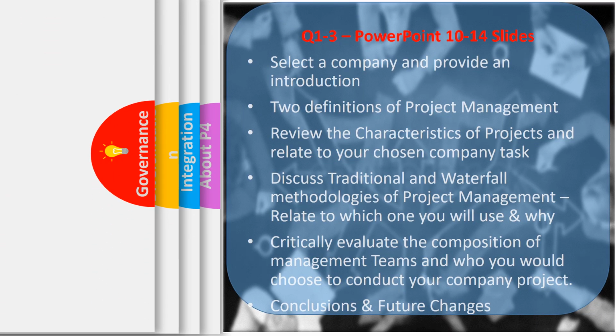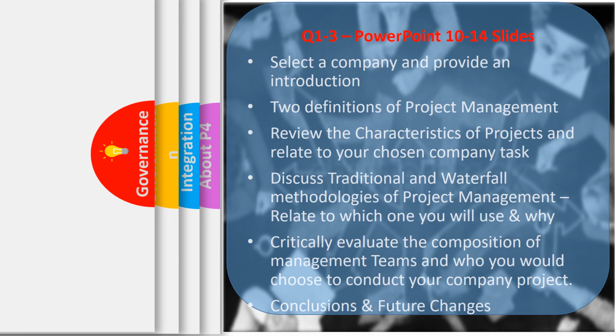So let's go back to the questions. So we're saying it's a PowerPoint presentation, 10 to 14 slides. You have to select a company of your own choice, and you have to remove the cubicle sections within an office and make them open plan.